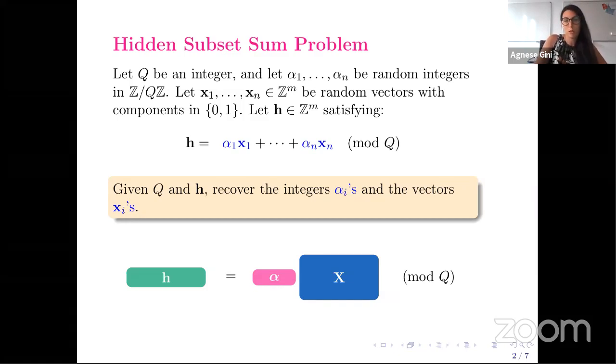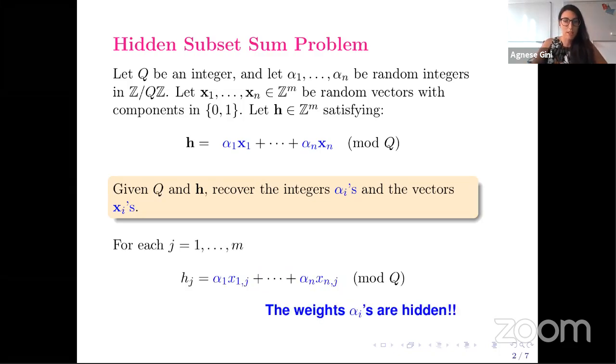It's also convenient to write this relation using vectors and matrices, like at the bottom of this slide, where X is a binary matrix whose rows are the xi's, the binary vectors. But why hidden subset sum problem? Well, you can notice that each component of the samples vector h is a subset sum with respect to the weights alpha i's.